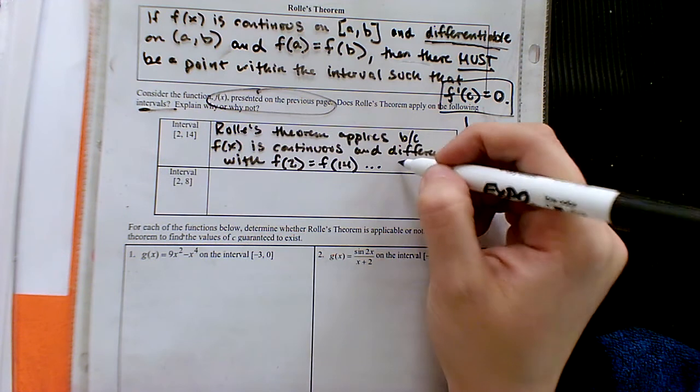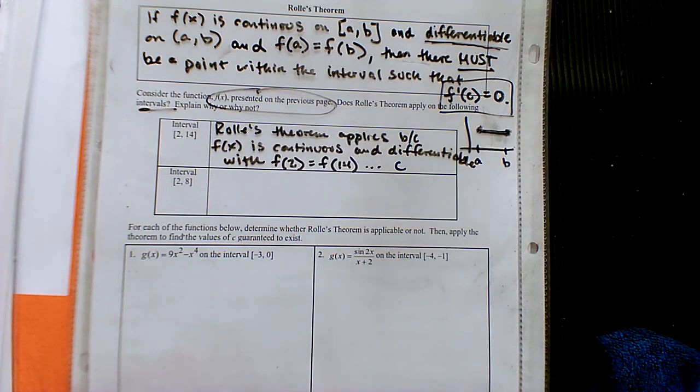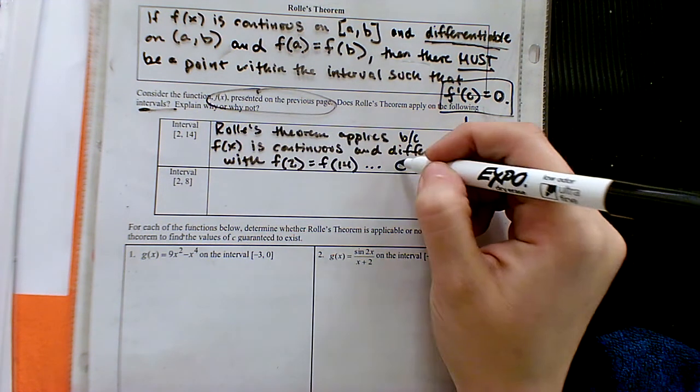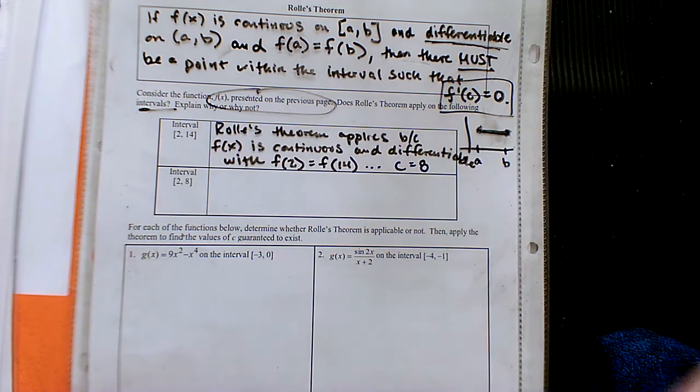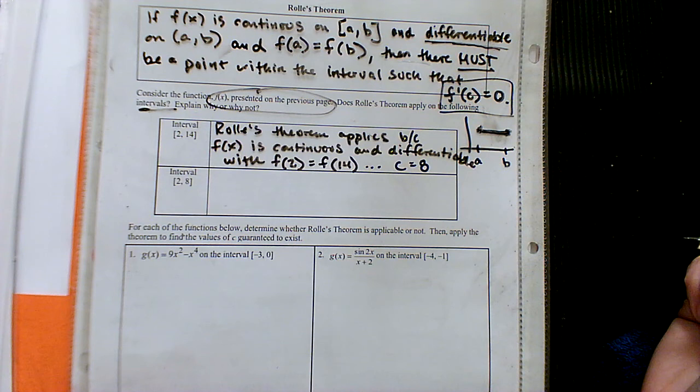Maybe we'll go even further and say that the special spot, okay, guaranteed by this Rolle theorem, we'll just give it a letter C in this case, that specific spot was 8, okay, where that maximum or minimum or level spot happened. Okay. What if we switched up the interval?